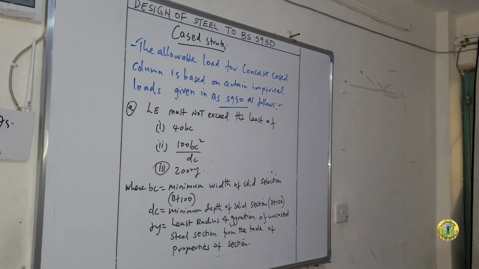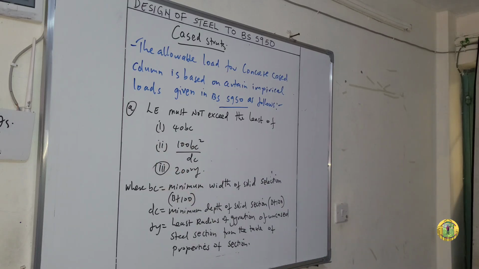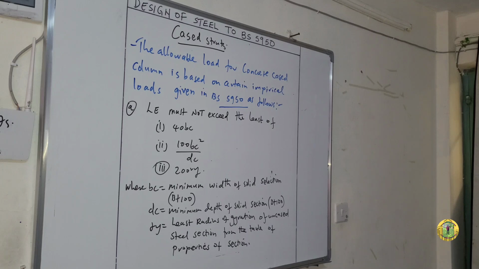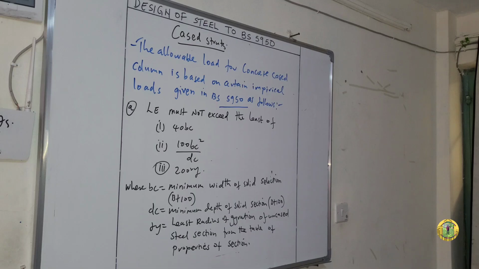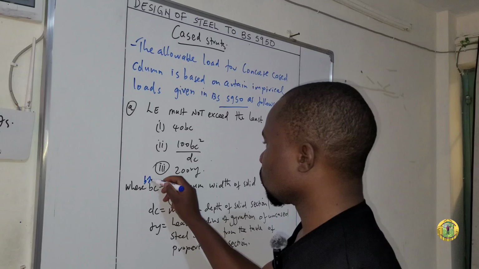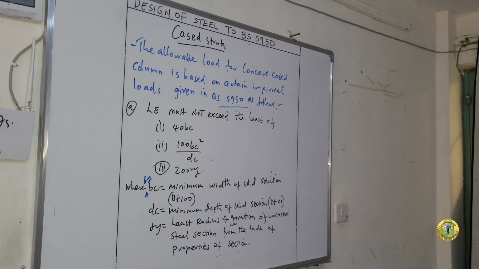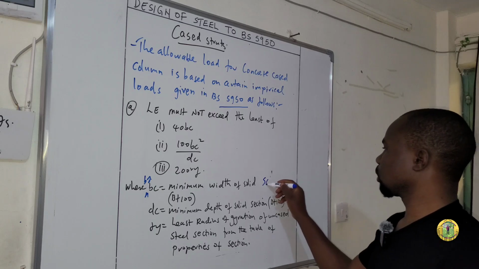So number one, let's start with A. LE must not exceed the least of 40 BC, Roman 1, Roman 2, 100 BC squared over DC, and Roman 3, 200 RY, whereby BC is equal to minimum width of solid section, which is B plus 100.